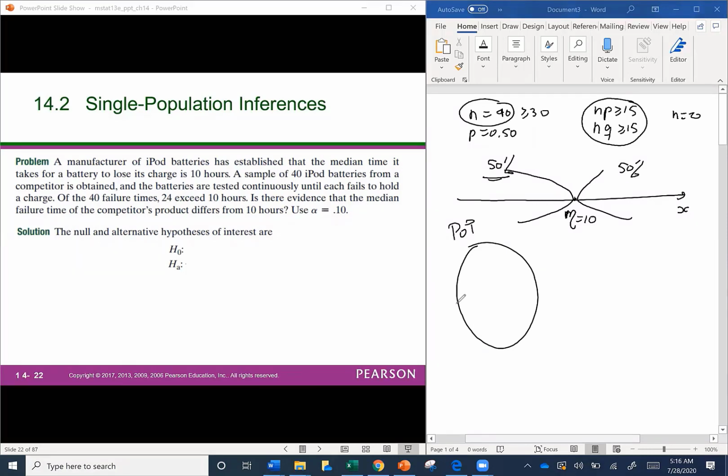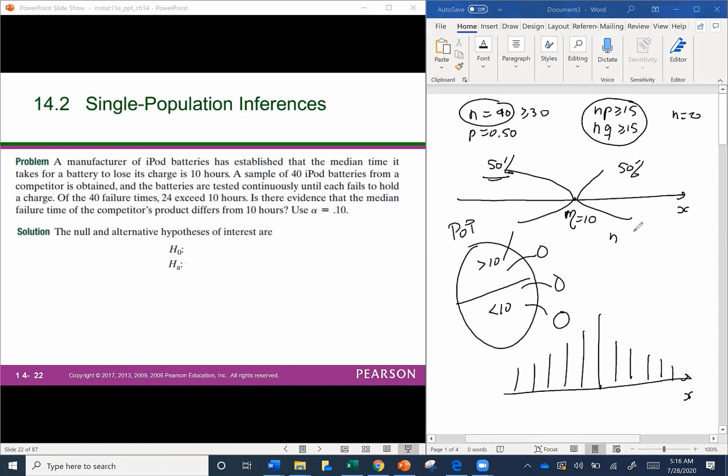But we took a sample of 40, and the distribution of all samples of size 40 follows a binomial distribution. The sample is 40, the probability of success is 50%.